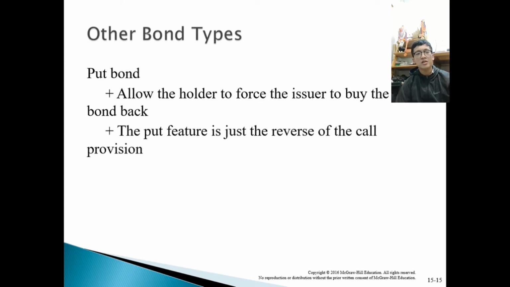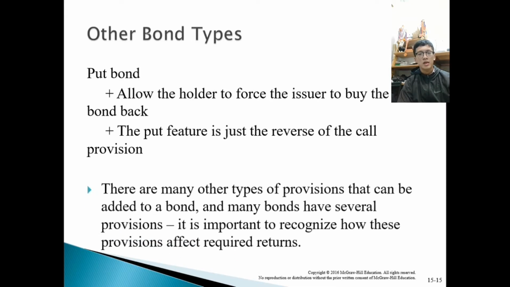This feature is just the reverse of the call provision. There are many other types of provisions that can be added to a bond, and many bonds have several provisions. It is important to recognize how these provisions affect required returns.